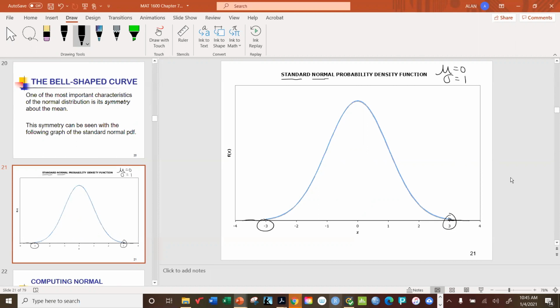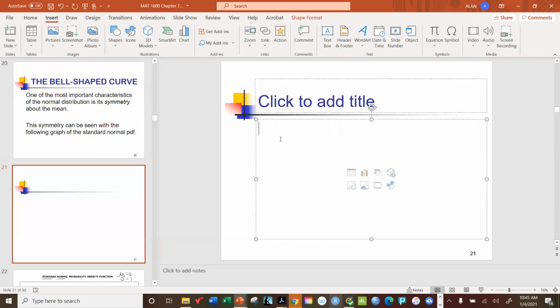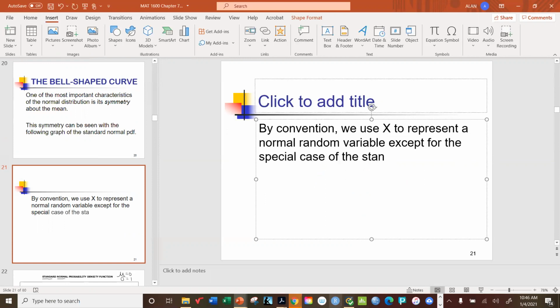And by the way, here's just a little side note. Let me just mention this in passing before we get back to this. By convention, we use x to represent a normal random variable, which is what we did with the binomial and the Poisson, except for the special case of the standard normal distribution.